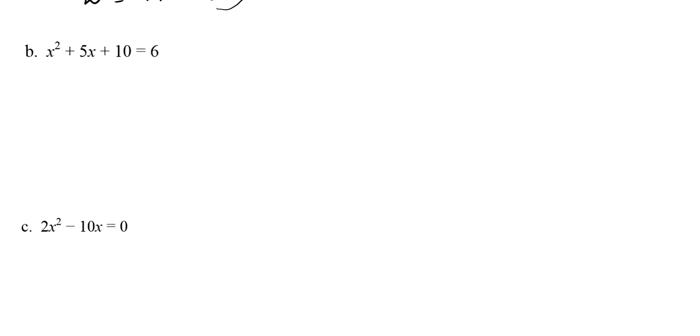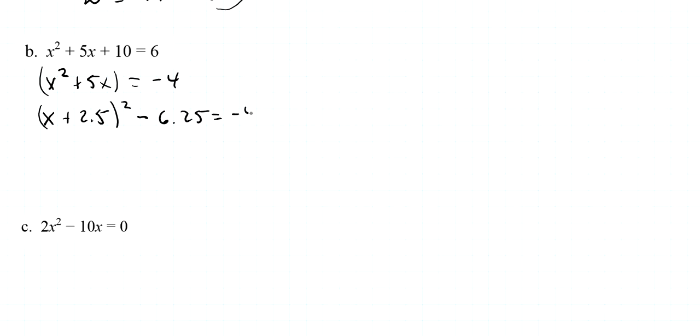so the next equation here that we have, we can bring 10 over, so you get x squared plus 5x minus 10 is minus 4. And then we want to complete the square, so we get x plus 2.5 squared, so we're adding 2.5 squared, so then we need to subtract 6.25 equals negative 4.